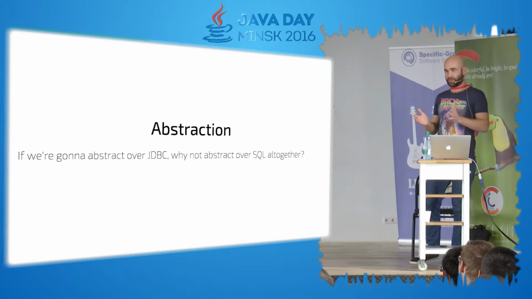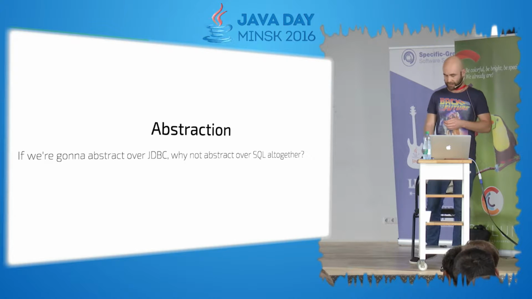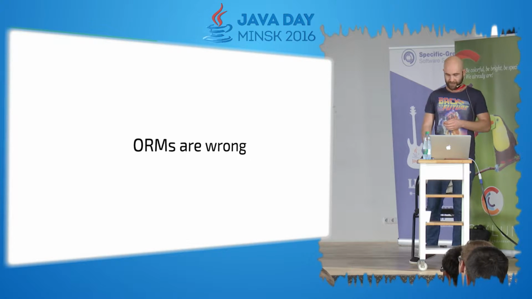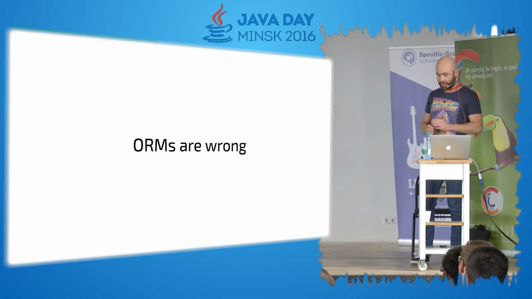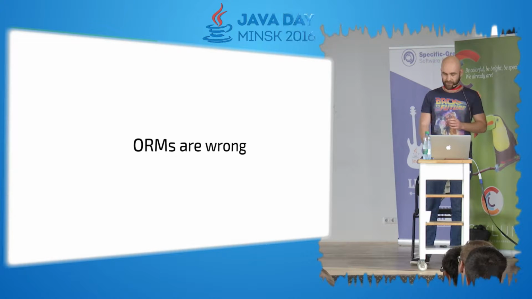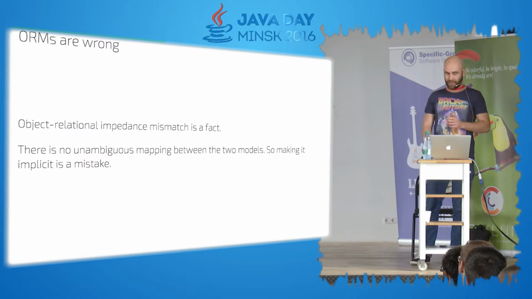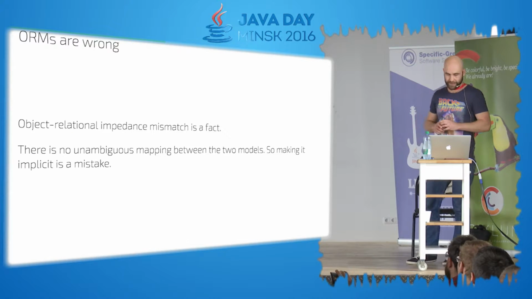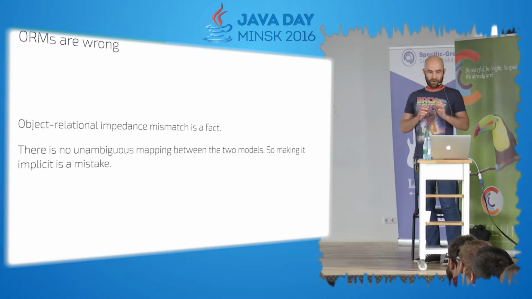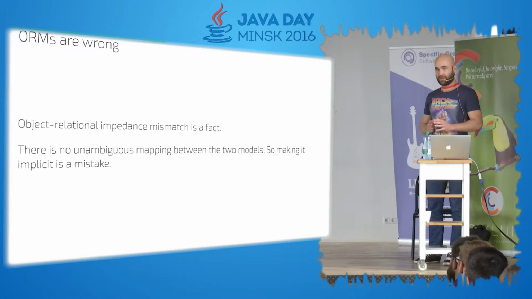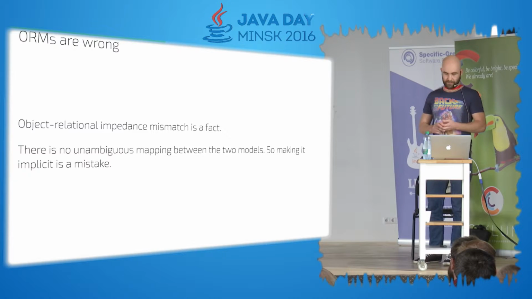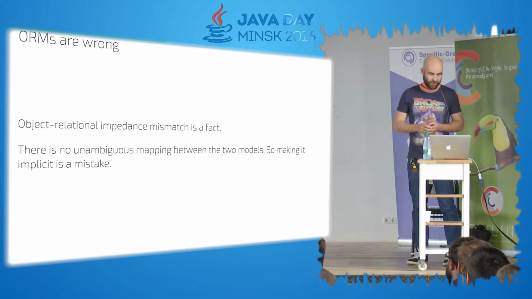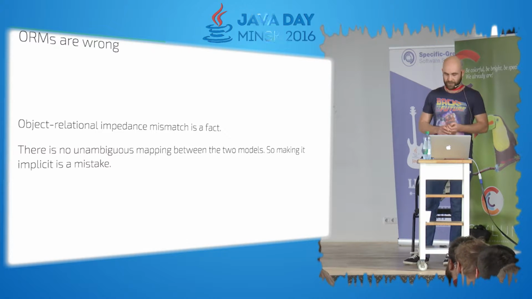And then those people arrive at ORMs, but ORMs are wrong. ORMs are wrong conceptually because there are too many problems that arise when we try to bind those two completely different universes of types and values that the object model and relational model are.